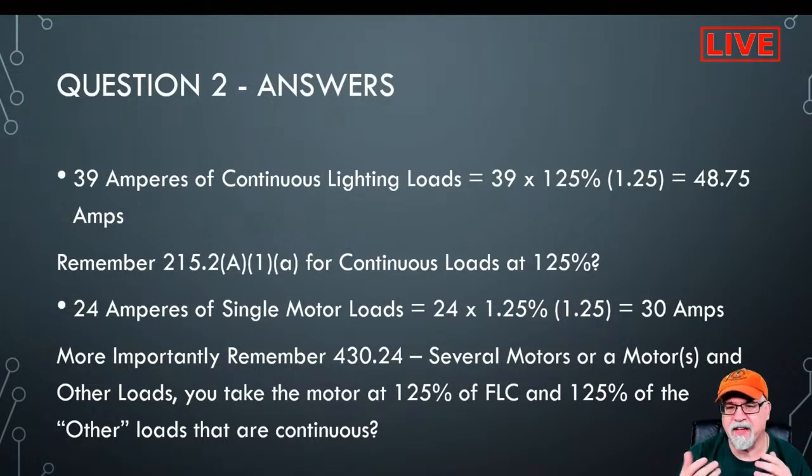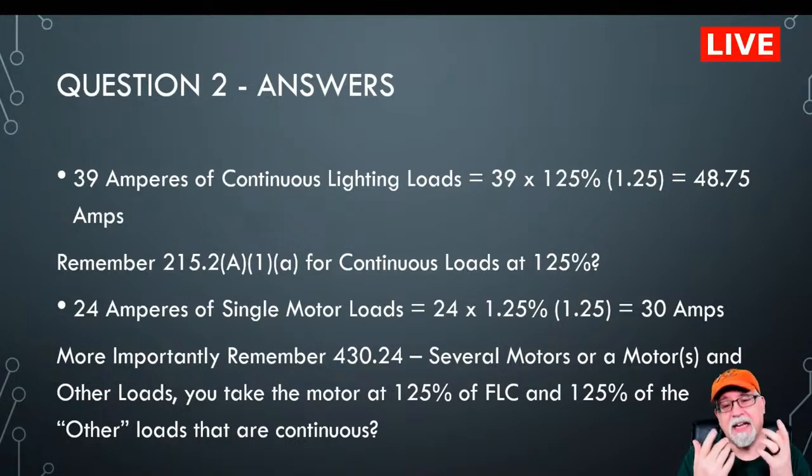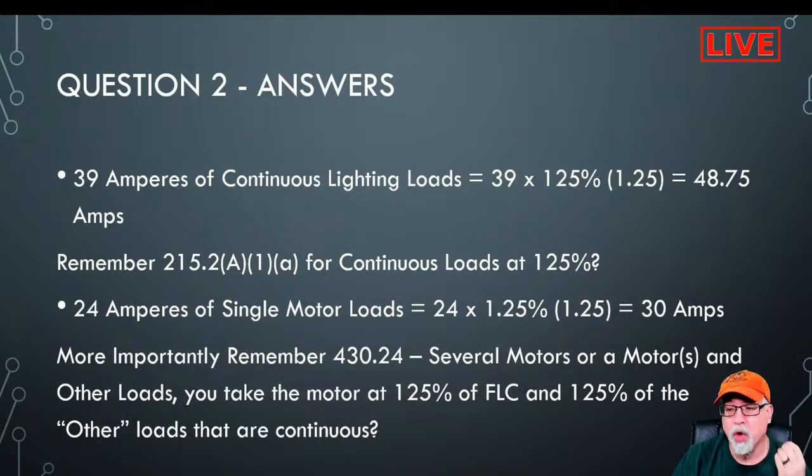If I had a feeder, let's forget the motor right now, coming from a main panel and feeding continuous and non-continuous loads, I'm going to take all the continuous loads at 125%, and all of the non-continuous loads at 100%, whatever their rating is. Add them together, and that's how I'm sizing my feeder. Same thing here. The only difference is now I've got a motor involved.